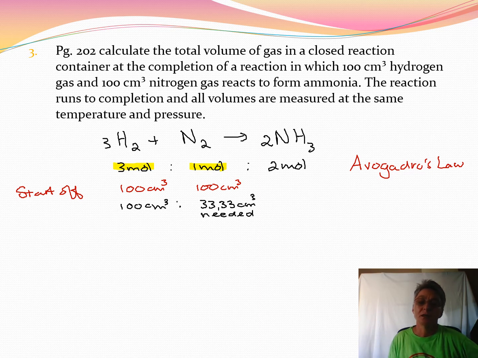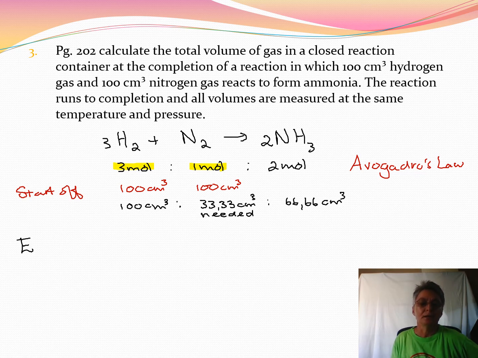If you take 100 cubic centimeters of nitrogen, that would need 300 cubic centimeters of hydrogen, which we don't have. And this will form double the amount of ammonia, so 66.66 cubic centimeters of ammonia will be formed.